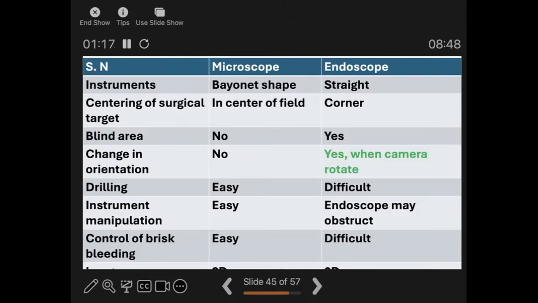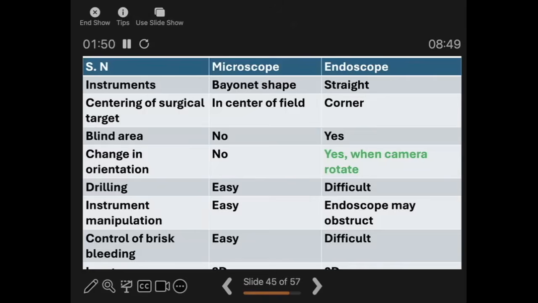These are the differences between microscopic and endoscopic technique. In microscopic surgery, bayonet-shaped instruments are standard. The target is centered in the field of view. The microscope offers a wider, unobstructed operative corridor, enabling smooth instrument manipulation and drilling without the visual field being physically occupied by the endoscope.